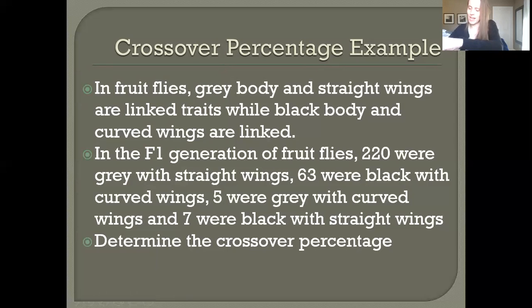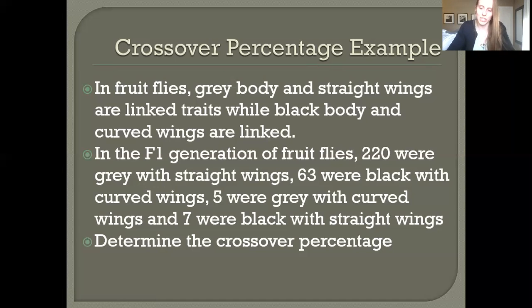So what you should end up with, if I just do the math really quick here, is 5 plus 7, which is 12, divided by 220 plus 63 plus 5 plus 7, so 295. So the 12 recombinant individuals divided by the total 295 gives us 0.04, and then we multiply by 100 to get 4%.